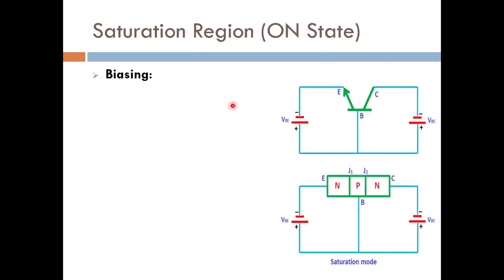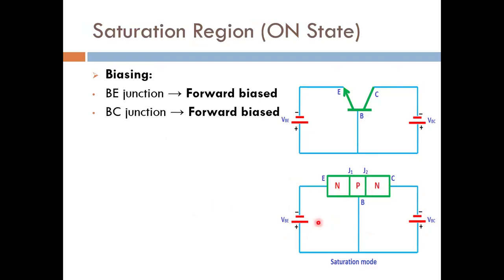Now, the saturation region, in which the transistor acts as on. Now, the battery polarities are reversed and they are connected in a way that both junctions are now forward biased, as we can see from here. So the behavior is that now the collector current is maximum because it's on.